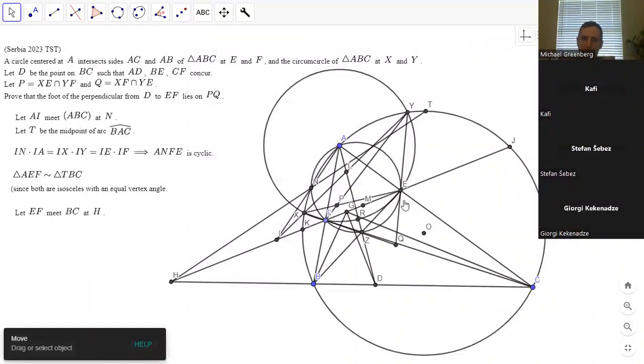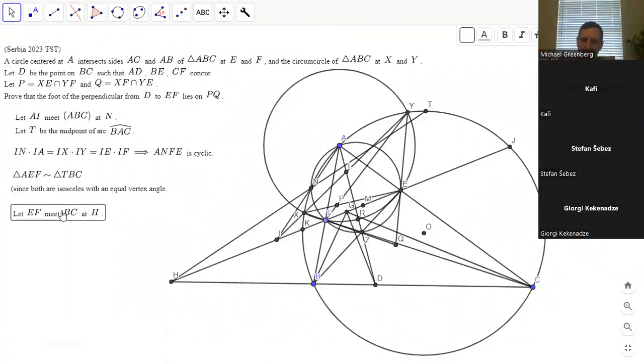And we know FG over GE is BD over DC. And I'm going to prove that, but really we want to show that I corresponds to H. To do that, all we really need to show is angle NAE is angle HTC.